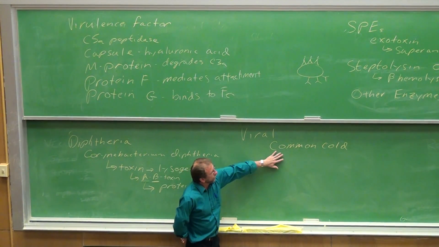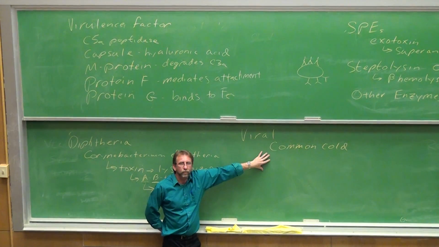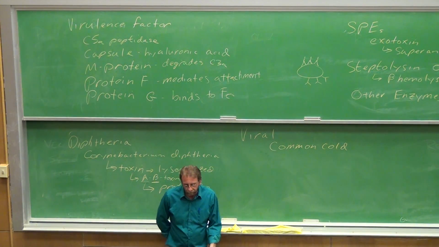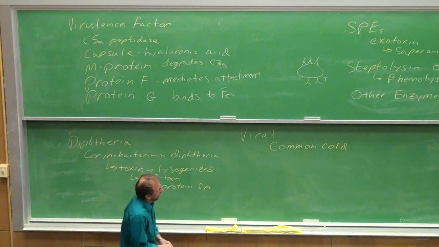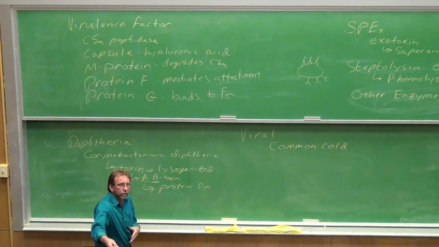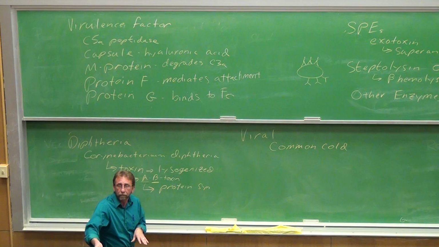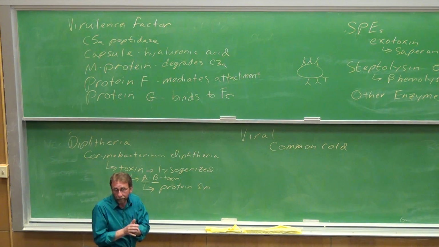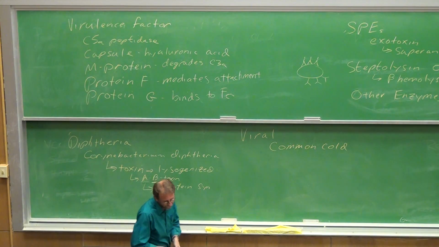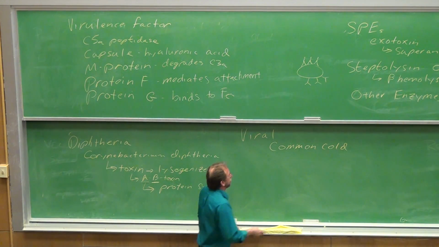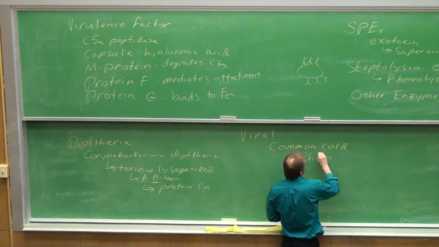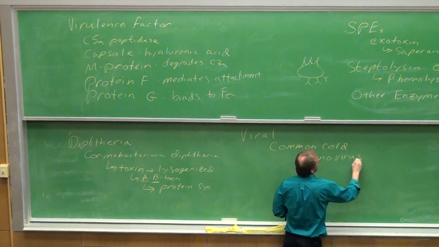Most of us will have 2 to 3 colds a year. We will develop an immunity to that particular virus, but it's going to be short-lived. It's only going to last about 3 years. About 30 to 50% of common colds are caused by the rhinovirus.